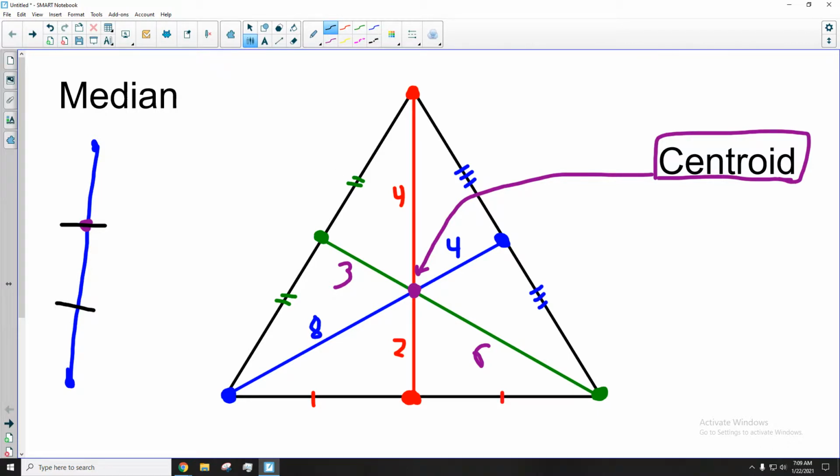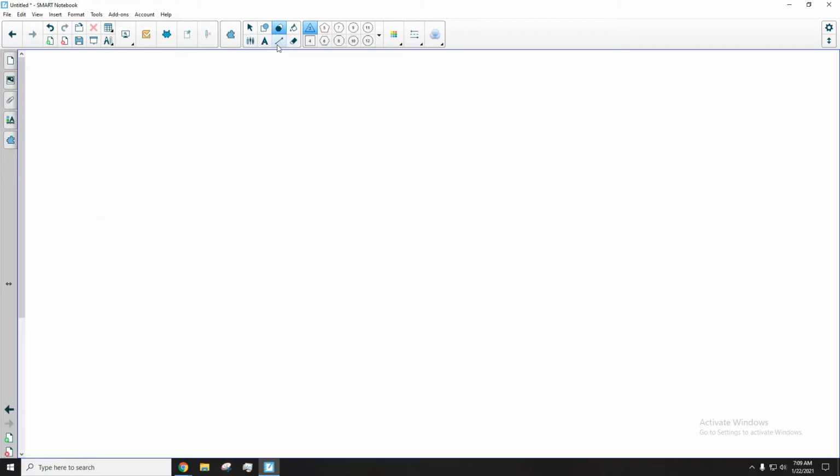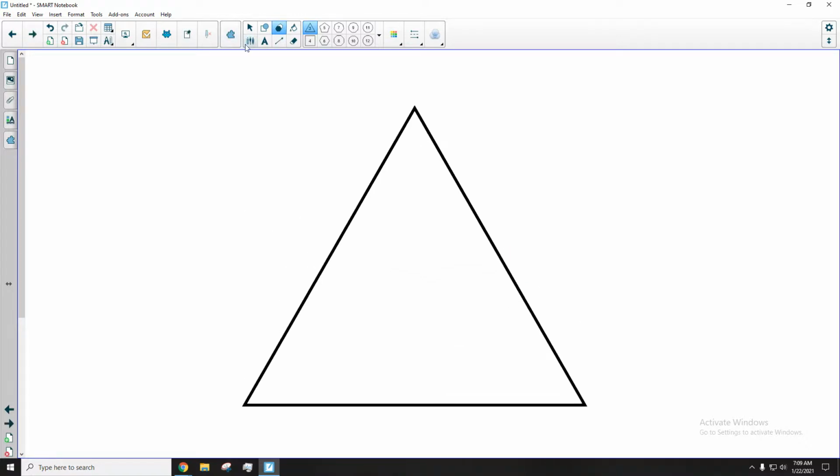And typically we need at least 2 of the medians in order to look at the centroid, but usually you'll see about 3. So if I draw another triangle real quick, I should use a line tool.